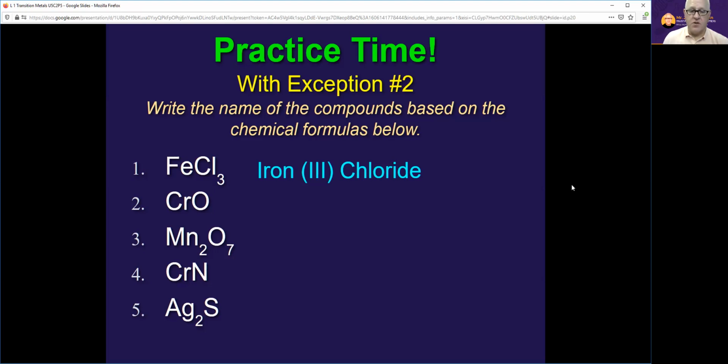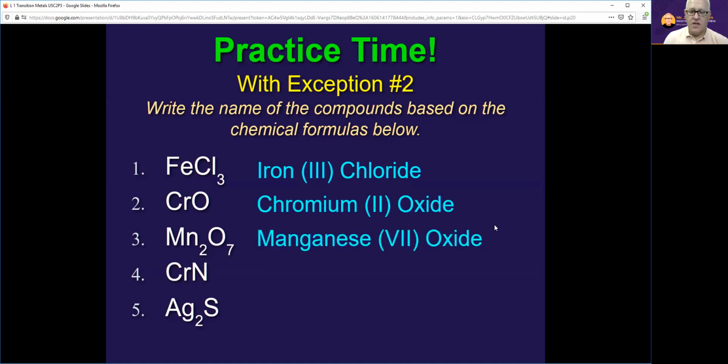All right, let's see what you have. We have CrO, and that's chromium oxide. Mn2O7, we know we have 7 oxygen, so it's going to be manganese 7 oxide.